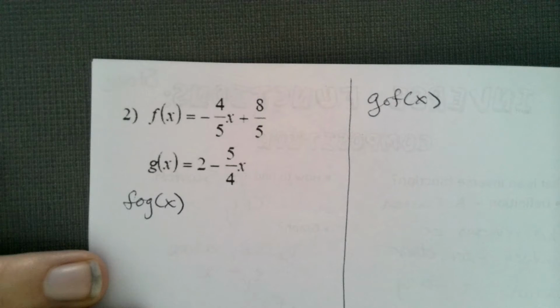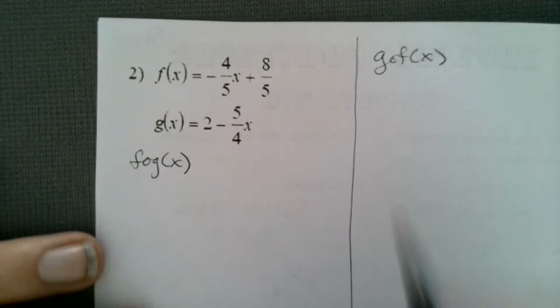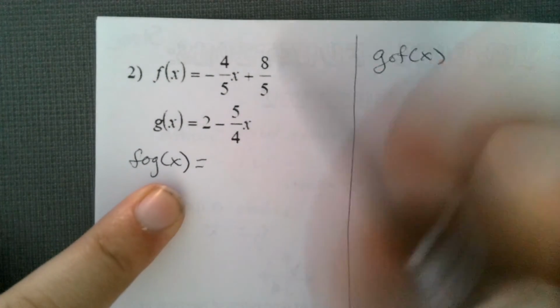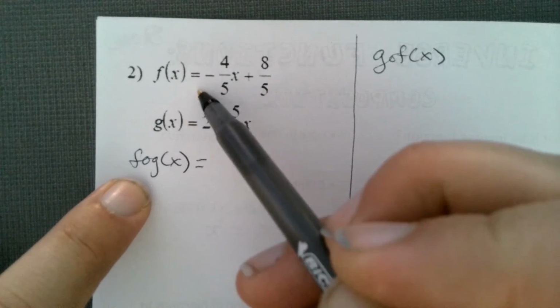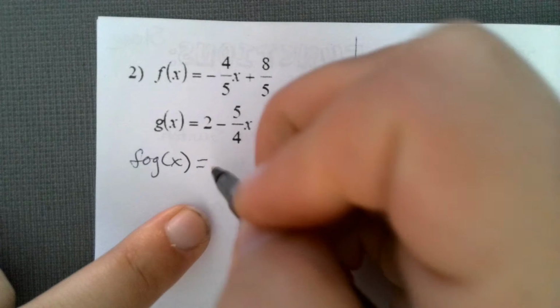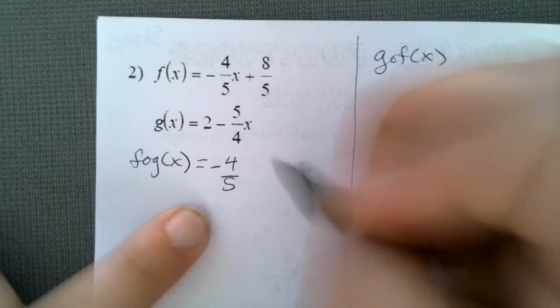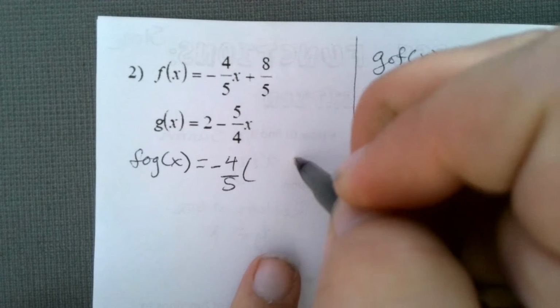So far, are you with me? Since this is the f equation, I'm going to write down my f. See how f is first? I start with the f equation. So I go ahead and put my big space for my x.